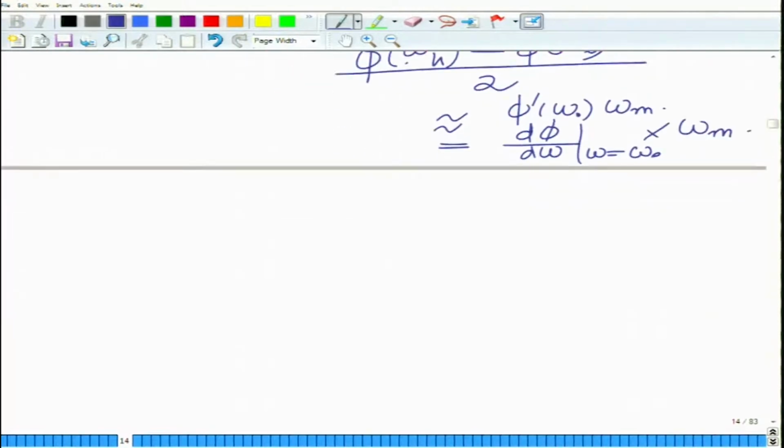Now, we take these approximate relations for phi of omega h plus phi of omega L by 2 and phi of omega h minus phi of omega L by 2, and substitute these in the expression for the net output.